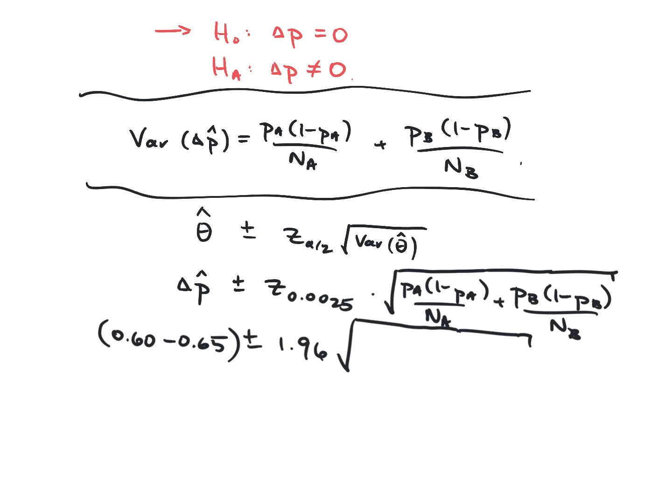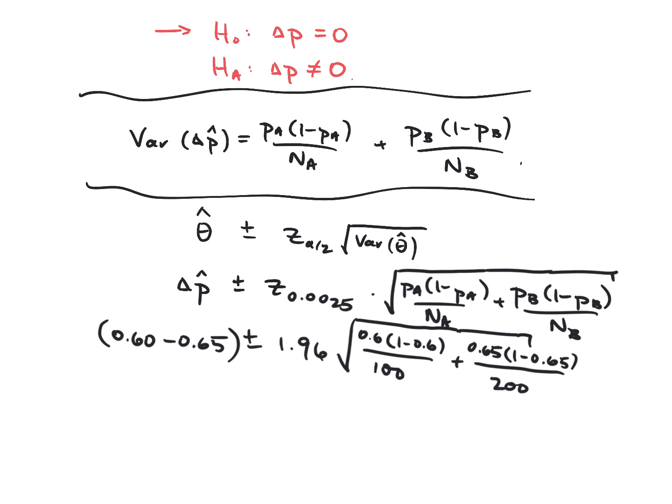This will be 0.6 times 1 minus 0.6 over the number of observations in the group, 100, plus then 0.65 times 1 minus 0.65 over the number of observations in the second group.